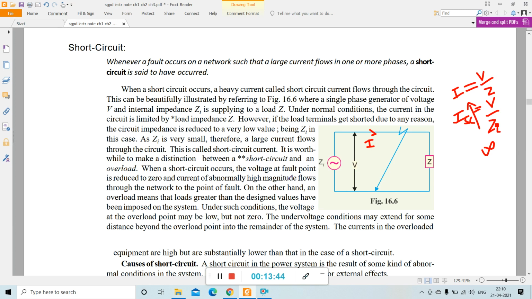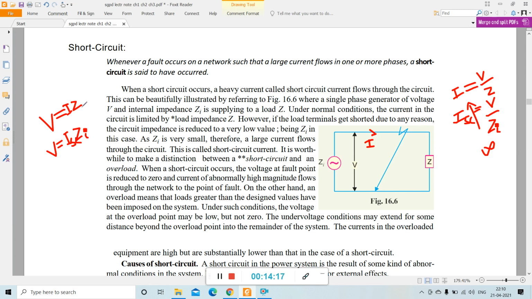Now we distinguish between short circuit and overload. Normally V is equal to I into Z. But when a short circuit occurs, V is equal to ISC into Zi, because the load is cut off.